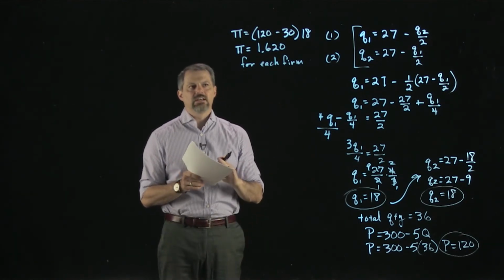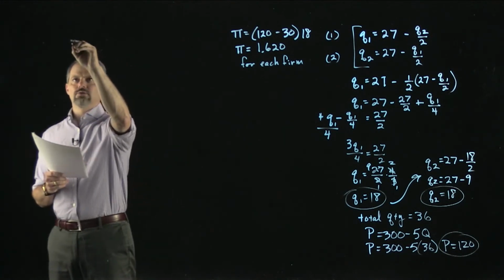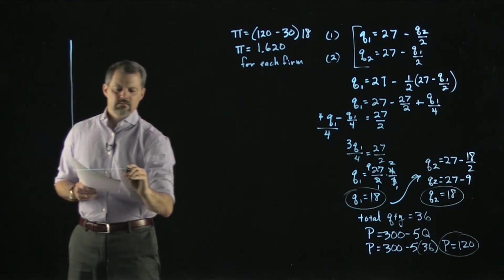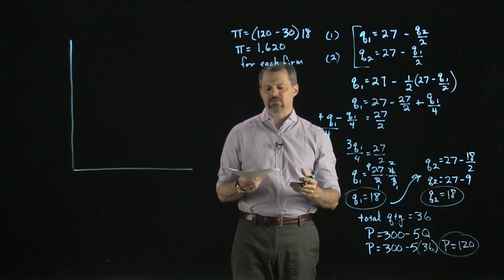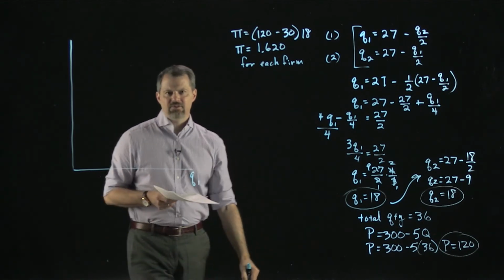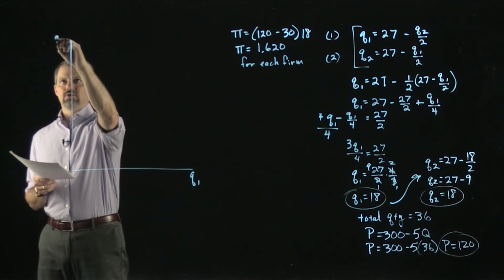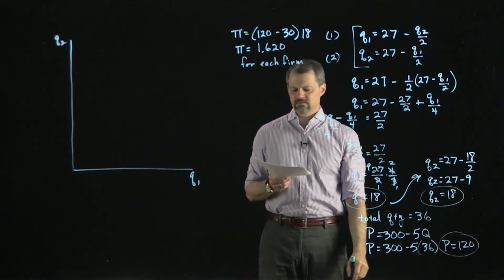But first, let's take a look at what's happening graphically here. I want to show you what we're doing. We're trying to figure out how much firm 1 should produce and how much firm 2 should produce. Let's graph this space where we have Q1 and Q2, and let's graph these best response functions.